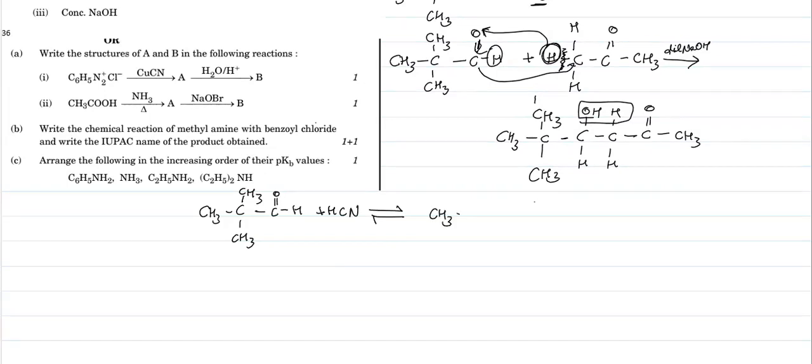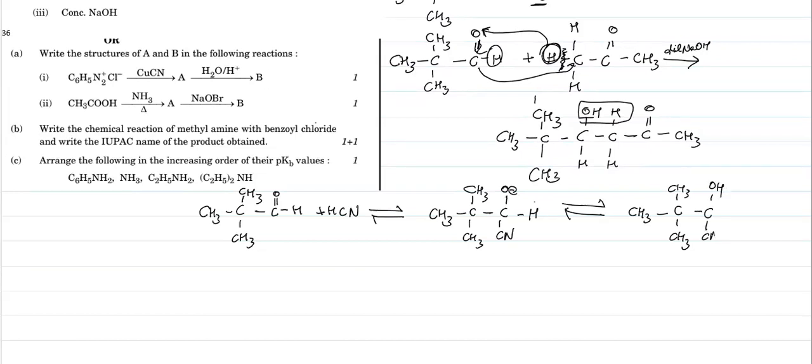So CH3, C. And I believe this particular reaction is just a direct reaction from your textbook. So CO minus, CN and a H. And this is further going to get rearranged, the hydrogen is going to get attached to this oxygen atom for us to get an OH group attached to the carbon. So CH3, C, CH3, CH3, COH, CN, and a H. So valency is all taken care of.